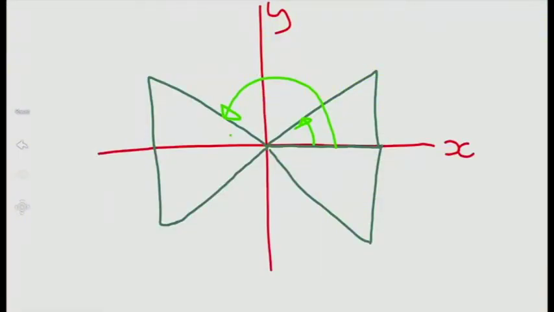We move up to here. So, the corresponding angle, if this is theta, we know that this is 90 degrees, this is 180 degrees, this is 270, this is 360.